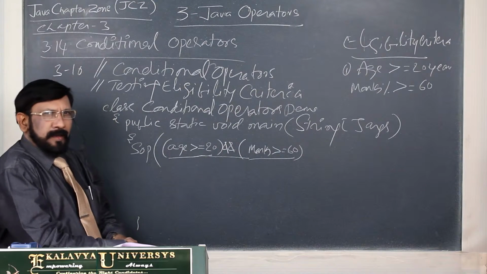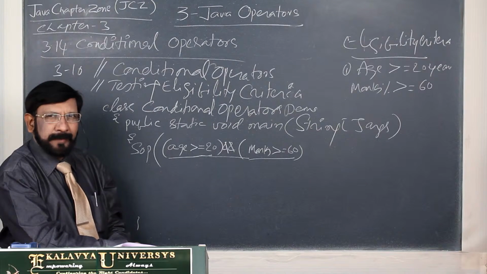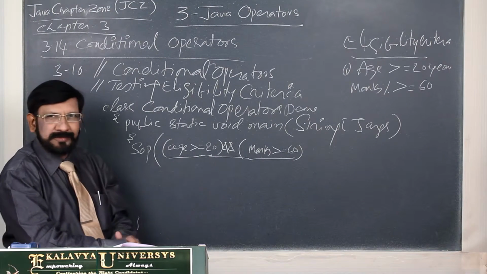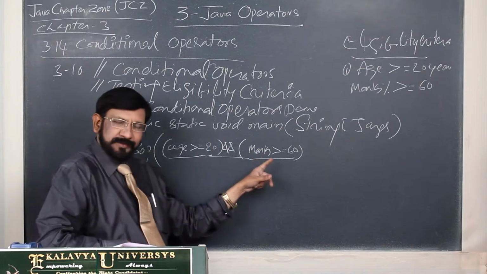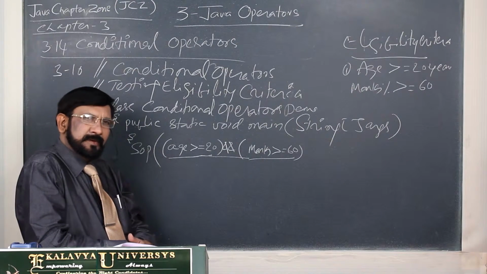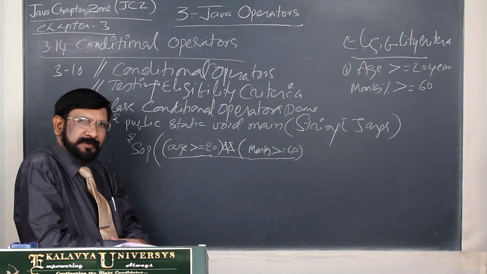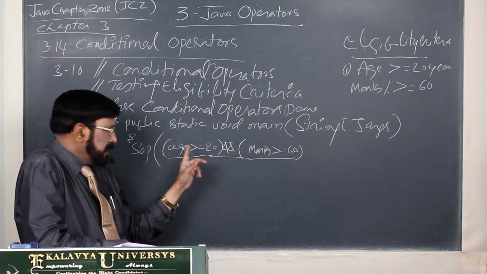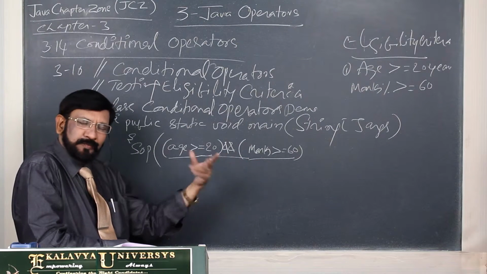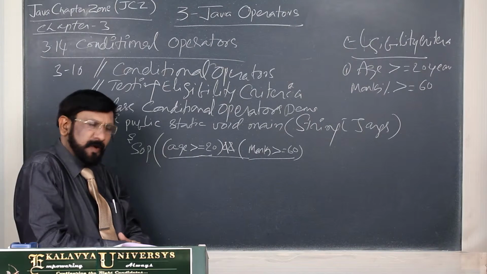Suppose the candidate's age is 23 years, marks percentage 55, then it is true and false, result is false. Suppose the candidate's age is 18 years and marks percentage 65%, then also this is false, this is true. That's why false and true, result is false.